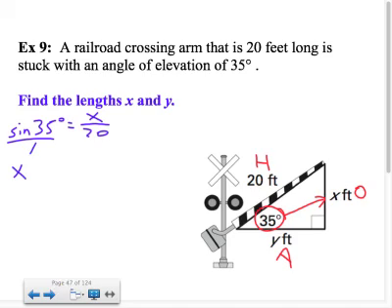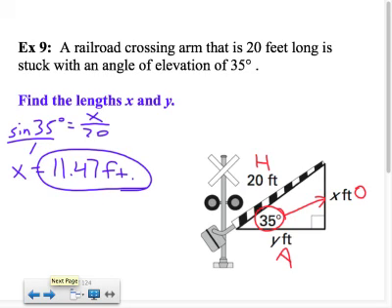Cross multiply, x equals, and I'm going to go ahead and actually just plug this directly into my calculator to save a little bit of time here in the video. So 20 times sine 35 equals 11.47 feet. Okay, so x is 11.47.